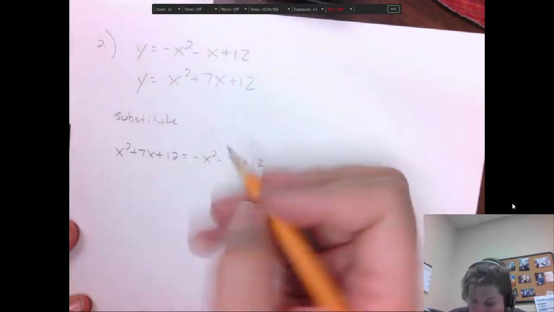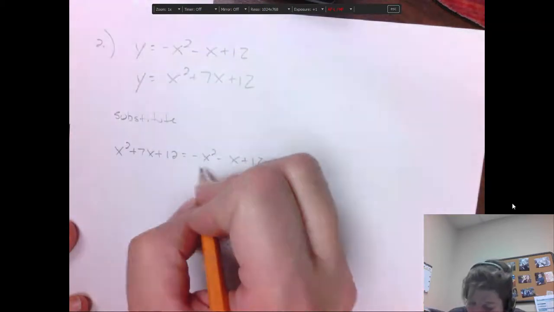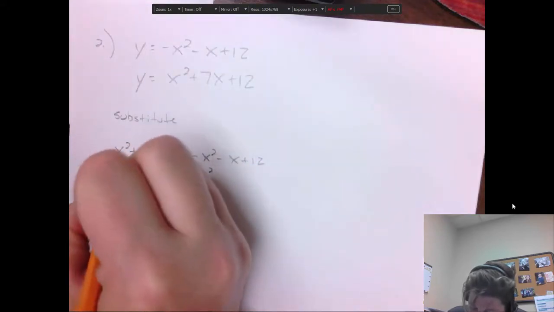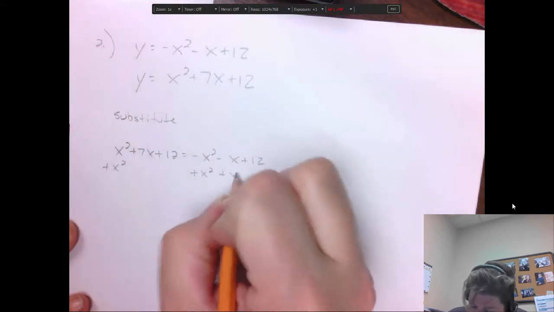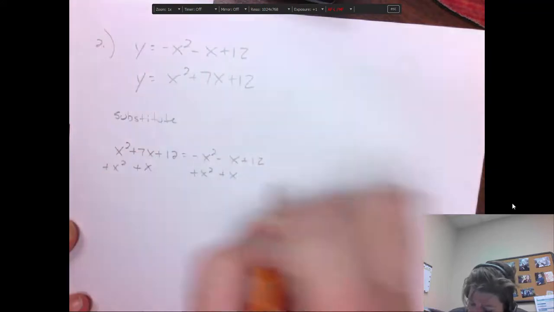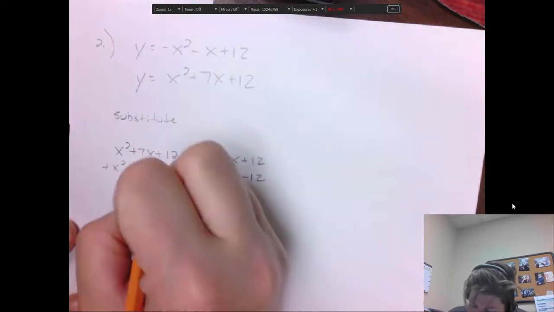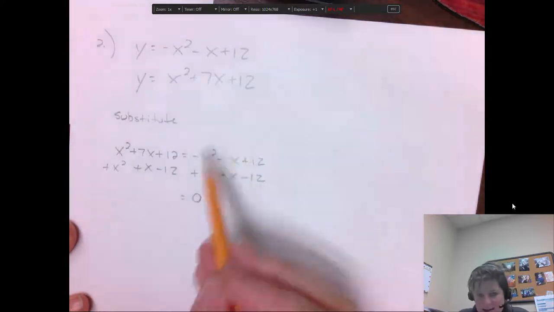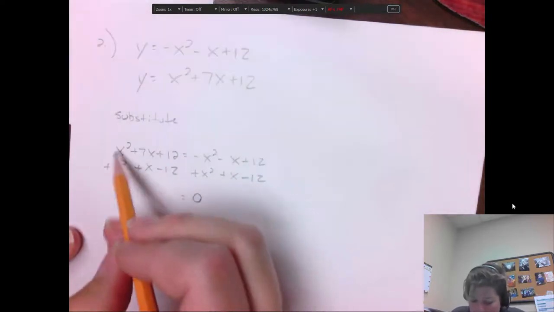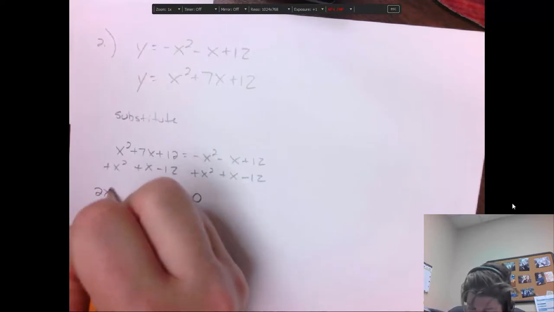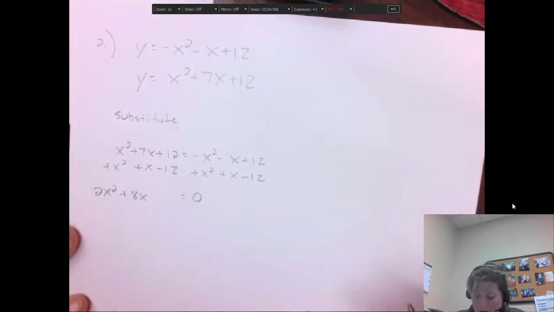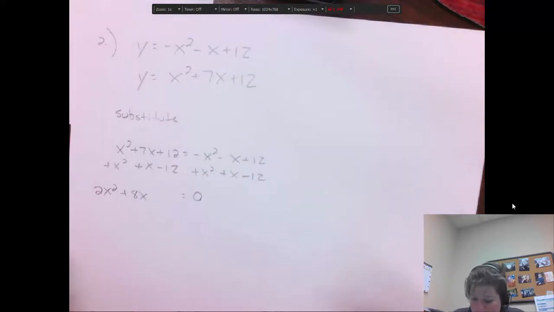It doesn't really matter, but I went this way just because then it's positive. So I'm going to add an x squared over, so plus x squared, and I'm going to add 1x, and I'm going to subtract the 12 over. So this side becomes 0 because everything is moving this way. 1 plus 1 is 2x squared. 7 plus 1 is 8x. And the 12's actually went to 0, so there's really not anything there. You don't have to write anything.